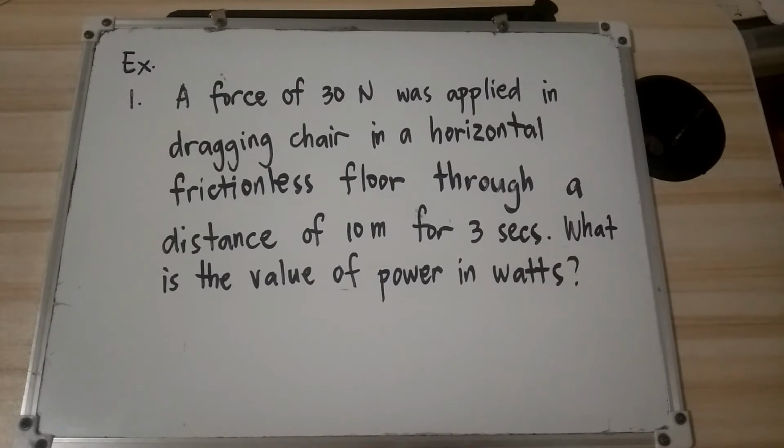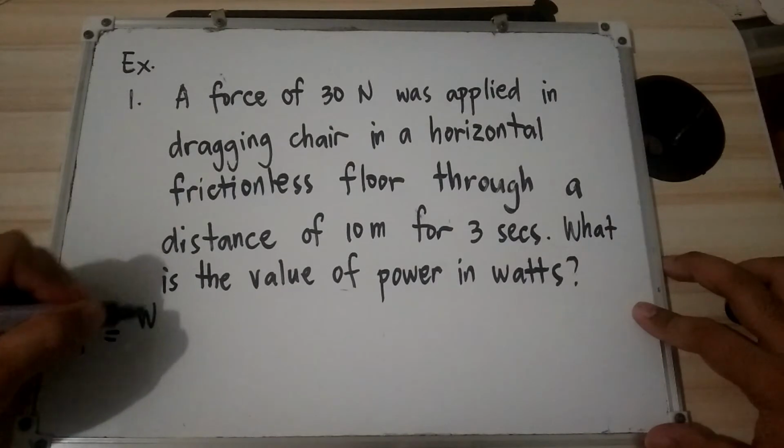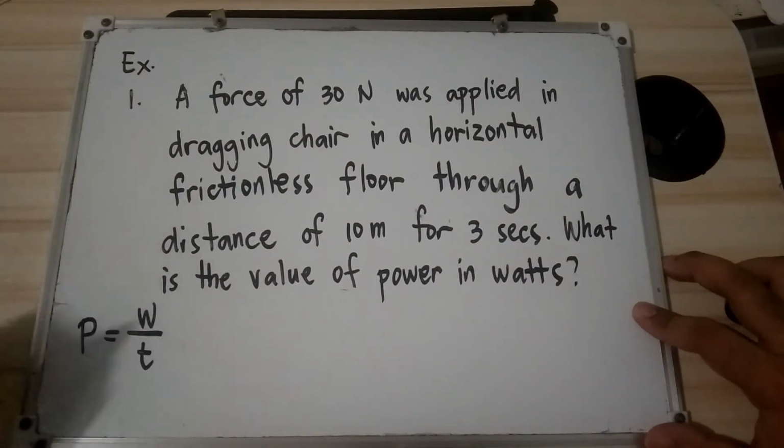Example: a force of 30 newtons was applied in dragging a chair on a horizontal frictionless floor through a distance of 10 meters for 3 seconds. What is the value of power in watts? Solution: formula, power is equal to work over time.